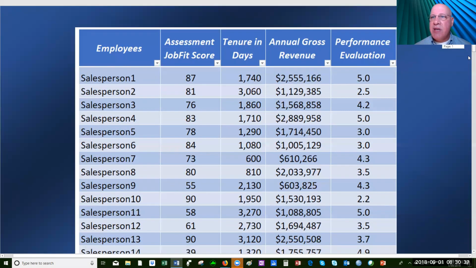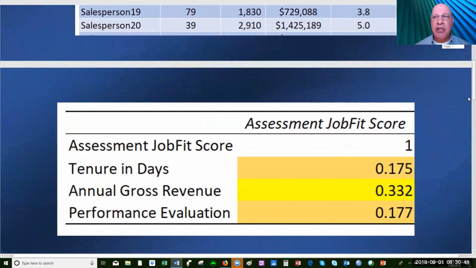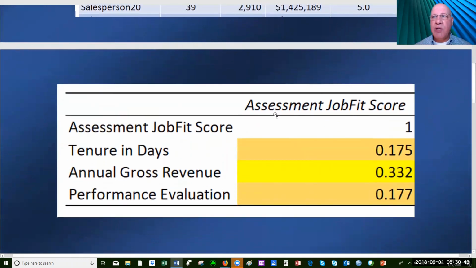What we do is we first look at the correlation. So the correlation between the assessment job fit score, that number that comes out of software, you're using different types of assessments, and we want to understand the relationships. So we see that it correlates perfectly with itself. It also correlates with tenure in days, annual gross revenue, and that performance evaluation score that we just saw.